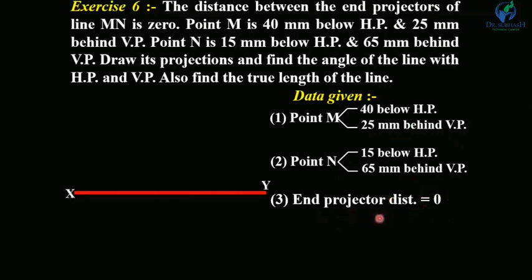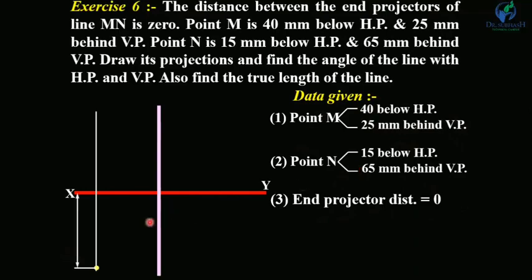So first of all, draw the XY line and mark the positions of points M and N. At a distance of 40 mm below XY, mark M dash, and 25 mm above the XY line, mark point M. Now, 15 mm below HP means point N dash is 15 mm below the XY line.